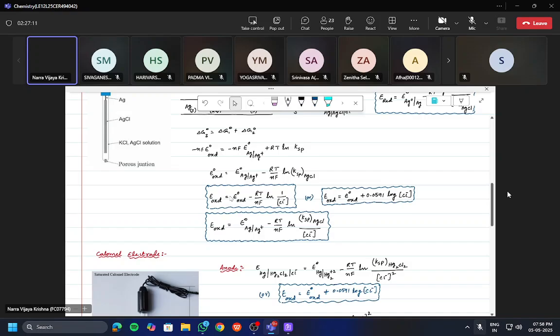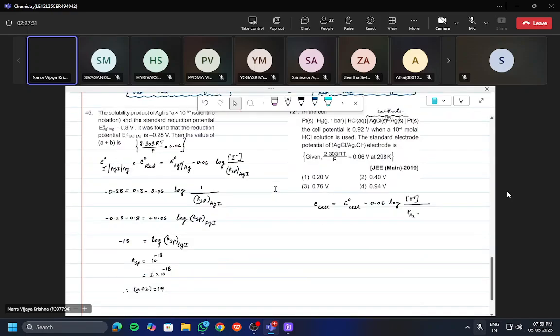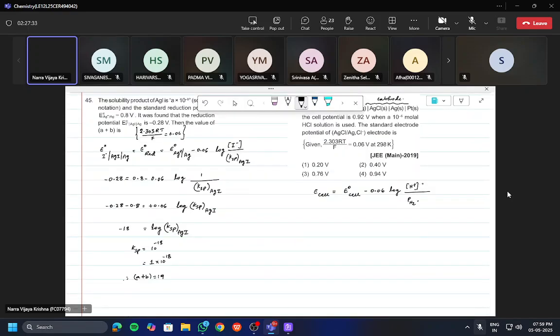E0 reduction of AgCl minus RT by nF ln 1 upon concentration of Cl minus. Correct or not? That is for oxidation, sorry. For reduction, Cl minus goes to the numerator. Correct?